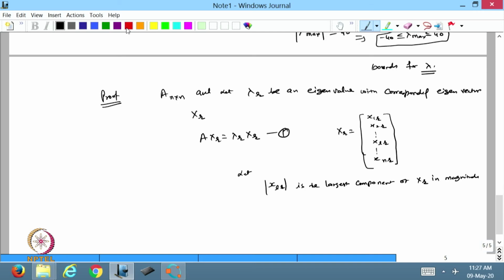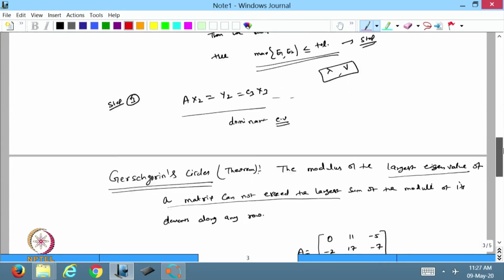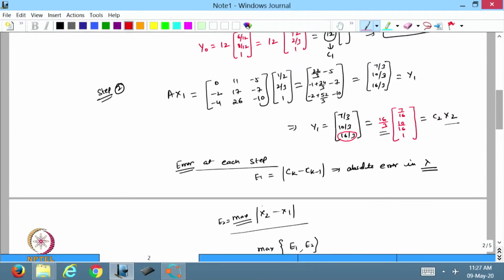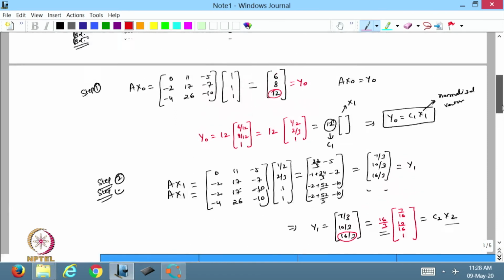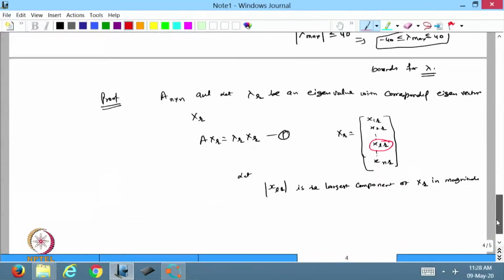Suppose this is the largest component, like in the previous example we have seen, 16 by 3 earlier, 12. So, this is the largest component, and that is why L has been taken. So, x l r means this is the r-th vector and L is the largest component of this one.